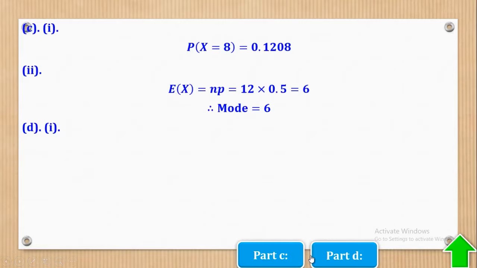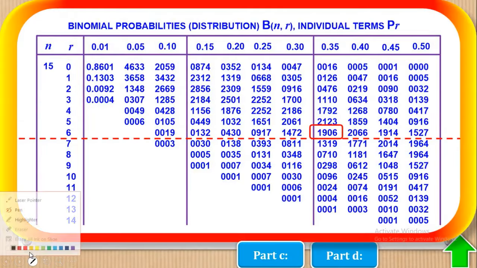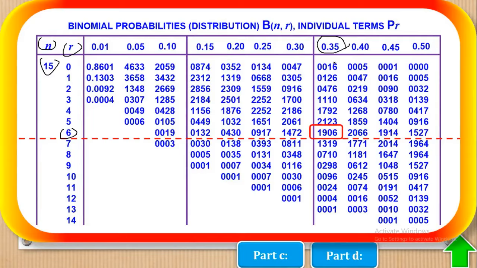So we shall come here in our table and look for n, which is 15, then look for r, which is 6, and look for p, which is 0.35. So the intersection is that one, which is 0.1906.